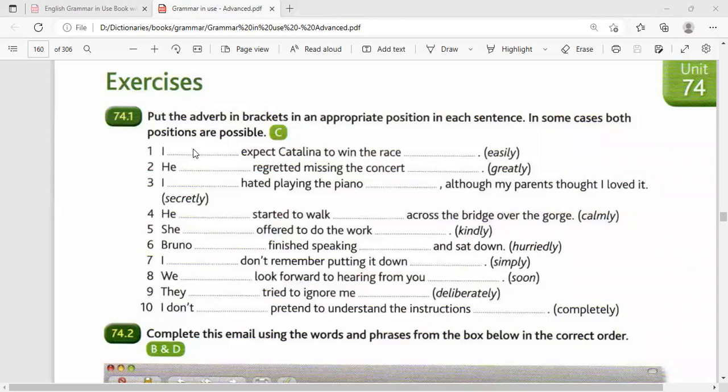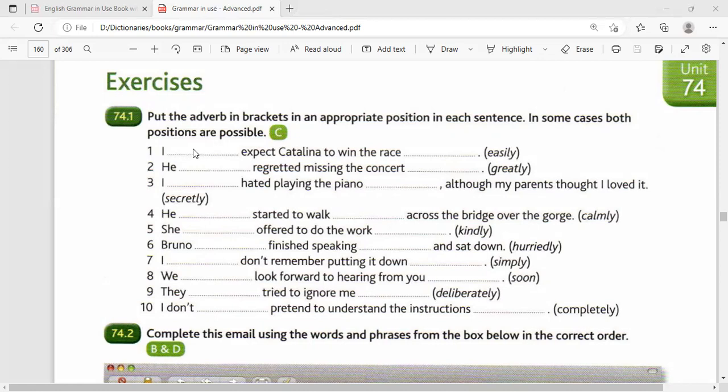Next, Bruno. It can be both. Yes, it can be both. So you can say Bruno kindly finished speaking, or Bruno finished speaking kindly and sat down.